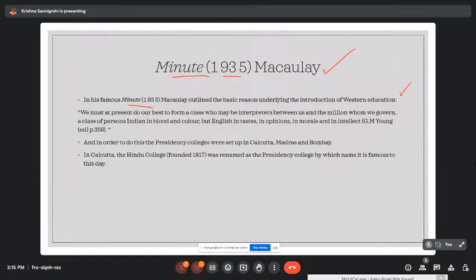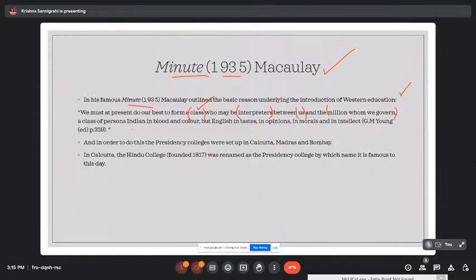So we must at present do our best to form a class, and the main idea was to create a class of people who would be the interpreters between the British and the millions whom we govern, that is the people who were being governed as part of the colony.